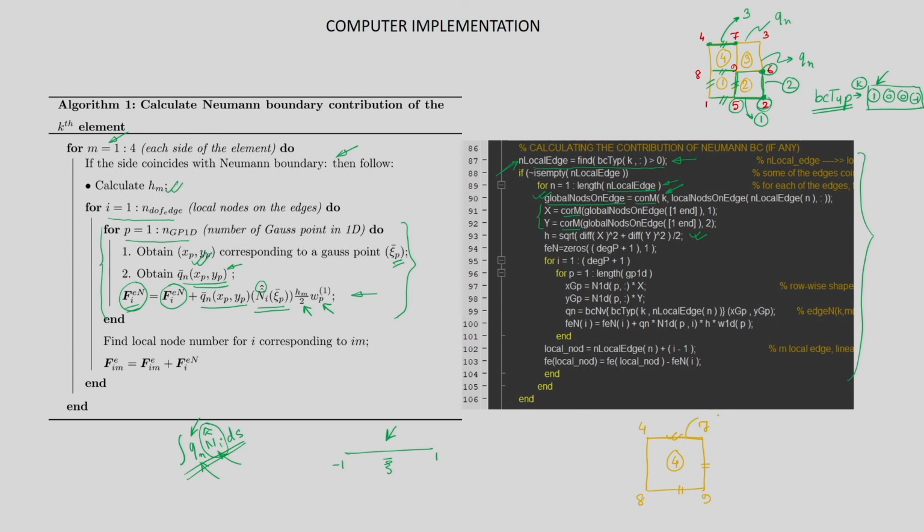What we do is map it to the master element, where xi bar varies from -1 to 1, and at certain points, the Gauss points, say xi bar p, we calculate the corresponding point in the physical edge, xp, yp, and at those points we calculate the heat flux Qn.